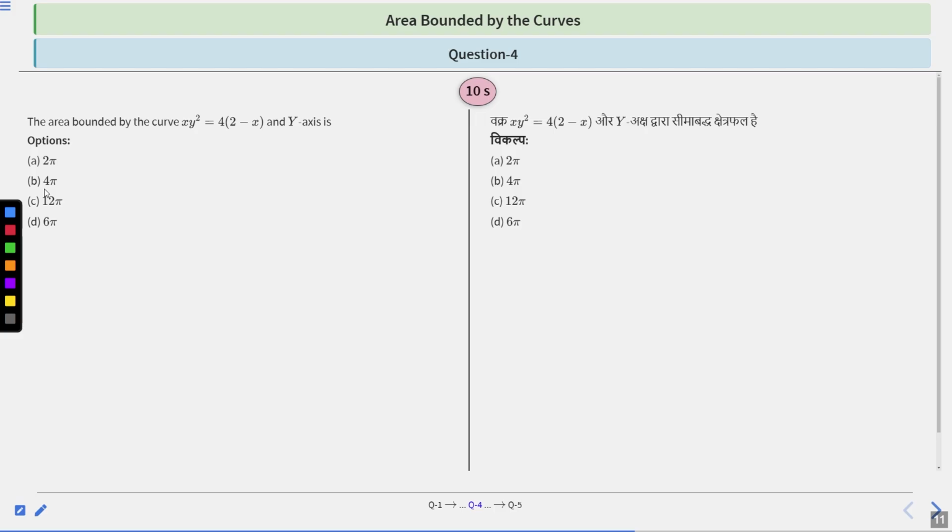If drawing the graph is not possible, then we can see from which point to which point we have to integrate to calculate the area. In this way, you can approach this question. You have 10 seconds to solve or think about this question. After 10 seconds, we will discuss the solution.